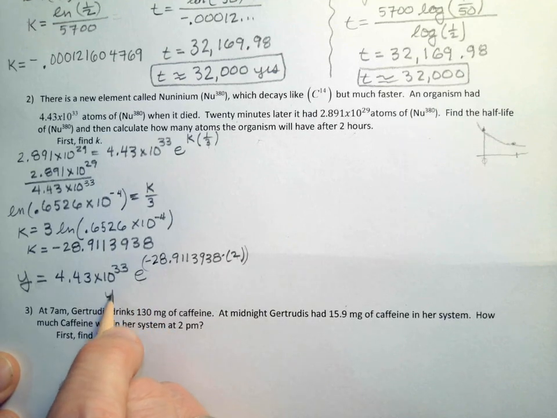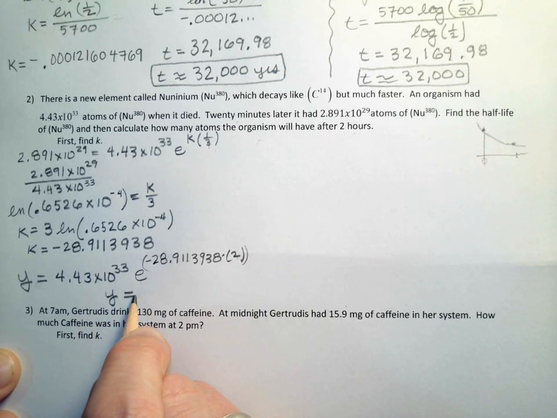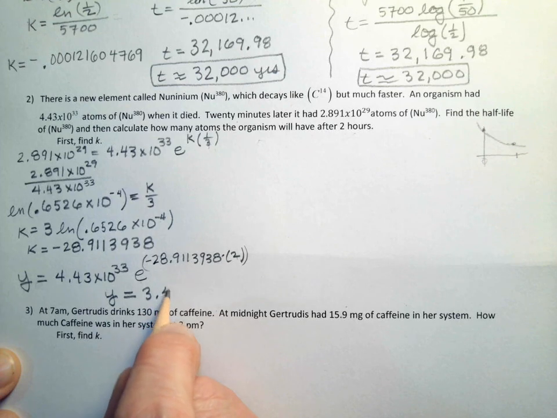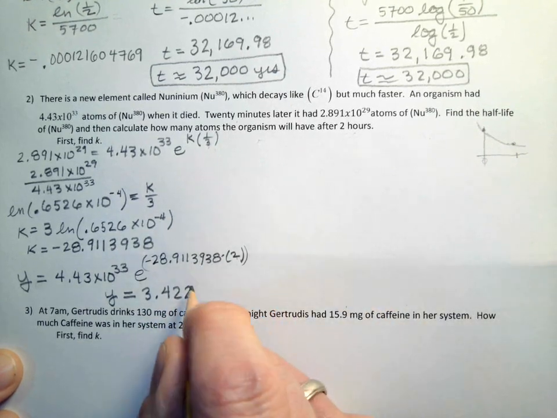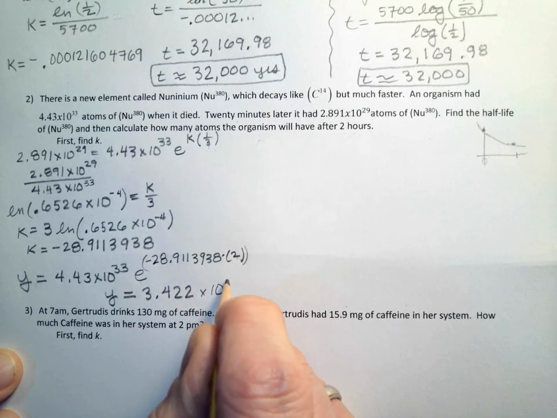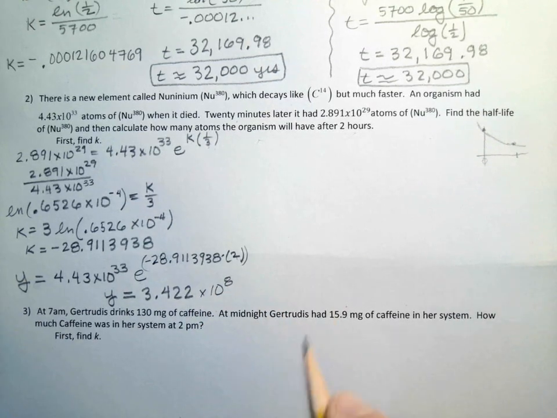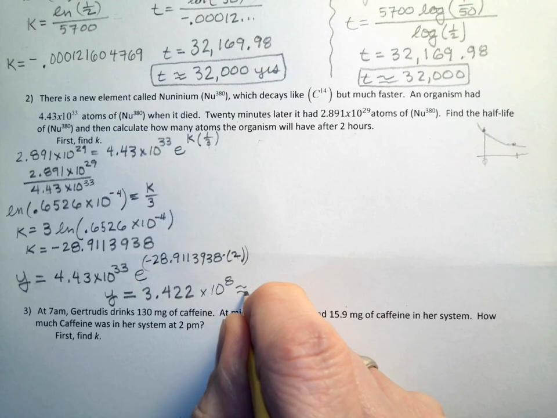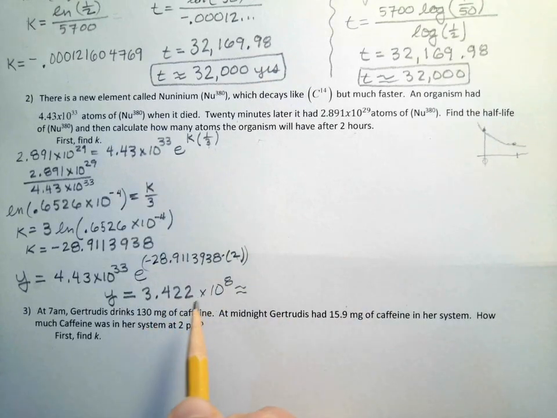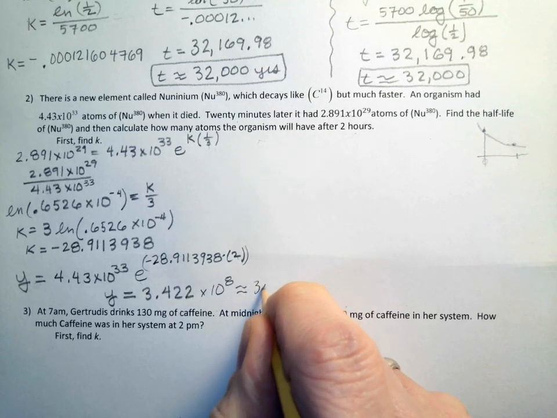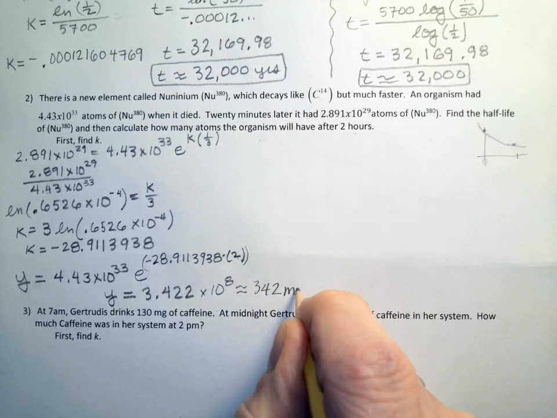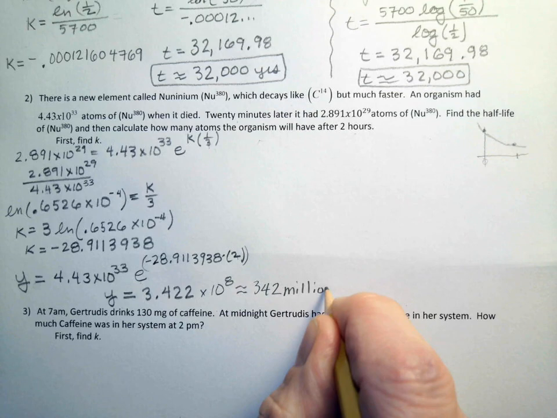We get y is equal to 3.422 times 10 to the 8th. Depending on how your calculator put it out, it may use scientific notation or it might just put it out in regular notation. But it's about 342 million atoms left.